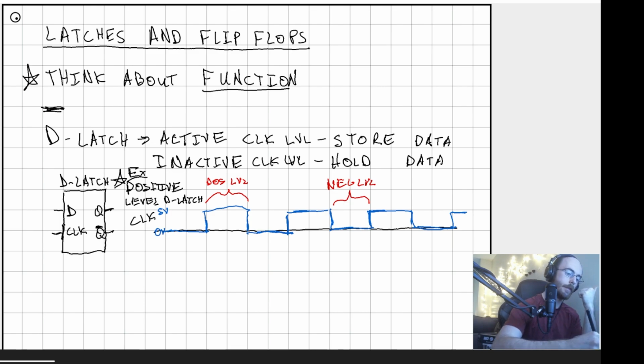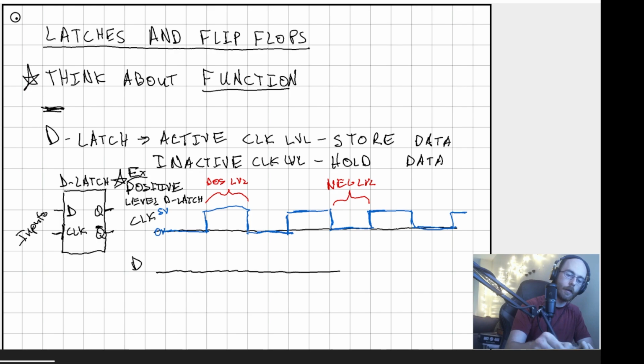Now both of these over here, right, are inputs. And then these Qs are going to be our outputs. So we're going to give a sample D as well. So let's just draw out a nice long line for D. And I'm going to just draw a random signal for it.